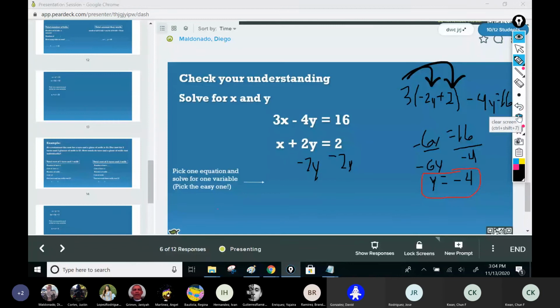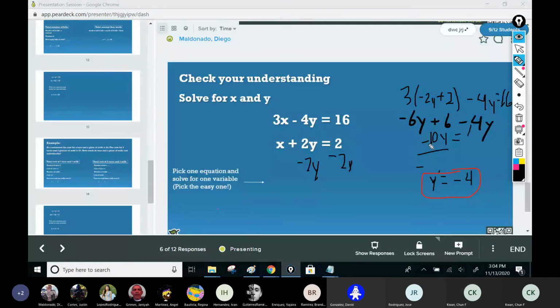So negative 6y, right? And then what is 3 times 2? Oh, okay. You're trying. Keep going. Negative 10y and then plus 6.